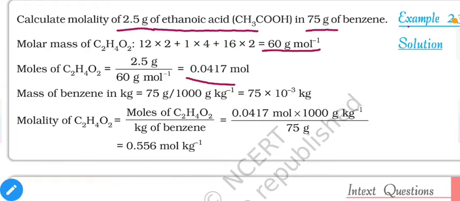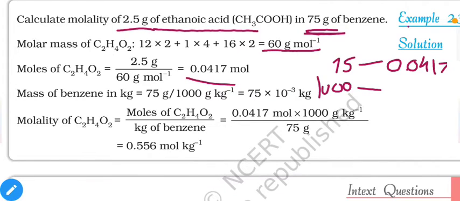And we have 75 grams of benzene. So we can do cross multiplication. If 75 grams of solvent contains 0.0417 moles, then 1 kg, that means 1000 grams, contains how many? So 1000 multiplied by 0.0417 divided by 75.